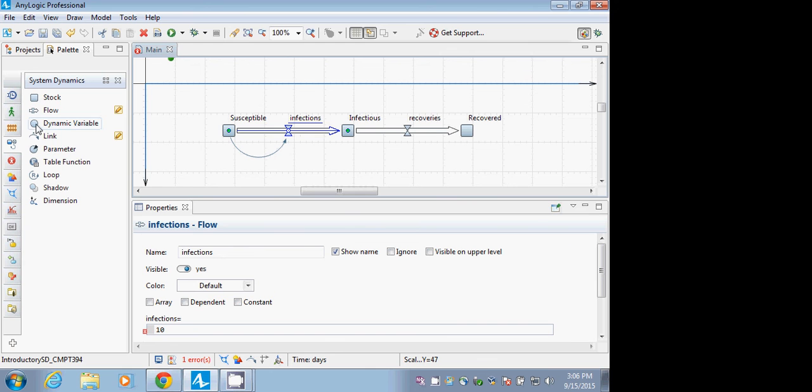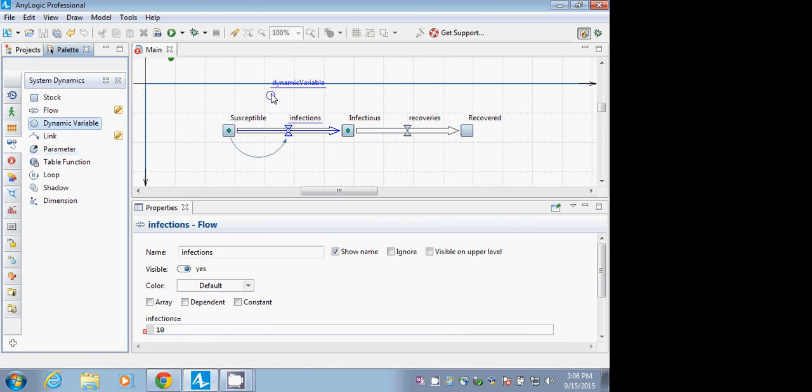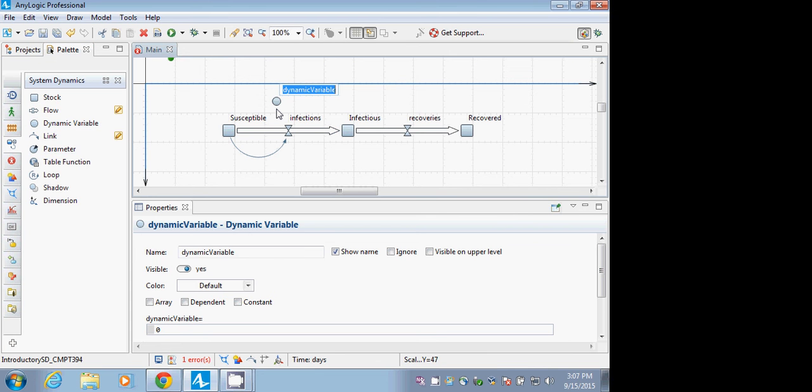So we're going to take this susceptible and have infections, and we're going to insert a variable that could go by various names. A name that's commonly used is force of infection.